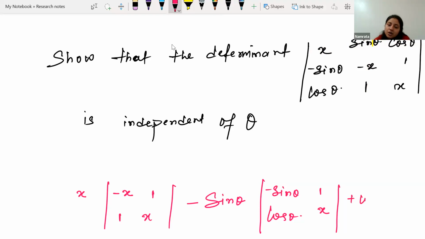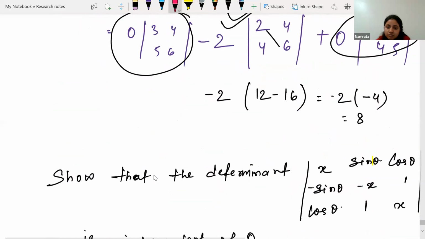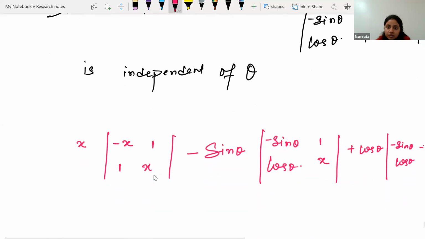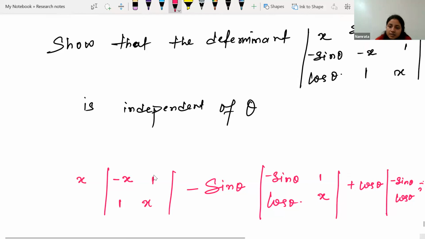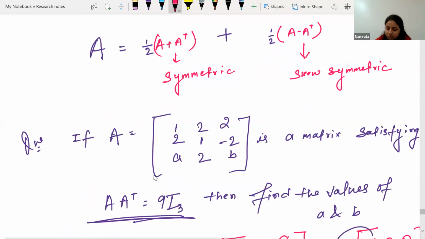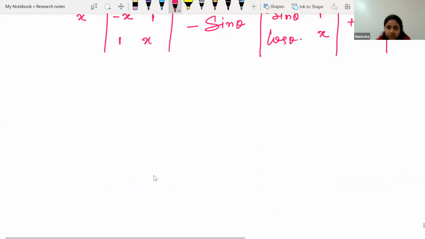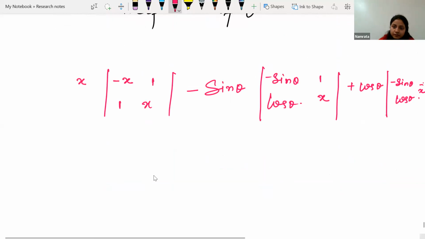Now the next one is cos theta, the last term. And here we will have minus sine theta, cos theta, and minus x. Just a moment. Here minus x, and here only 1.